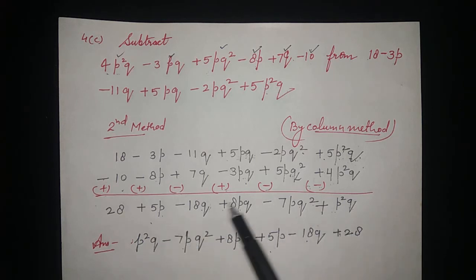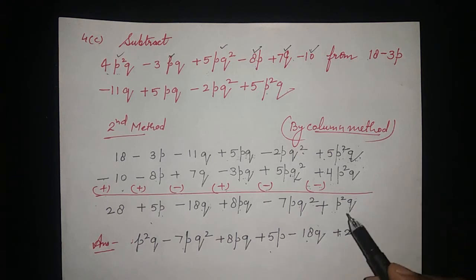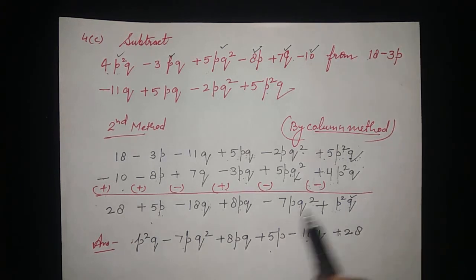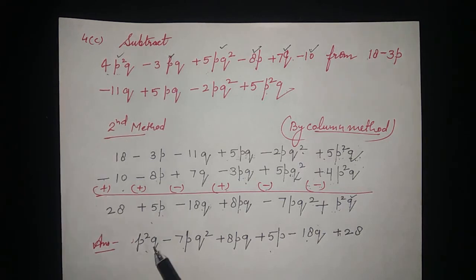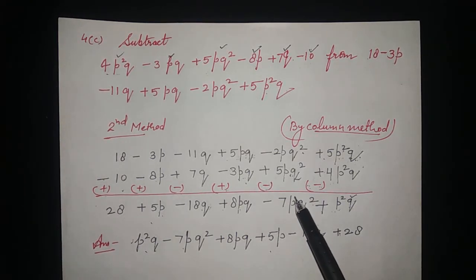it in the descending order of the degrees. Okay, descending order of the degrees. So here you can see p, its power is 2. So what we will take first? P square q. Clear? After that, p, only one power.